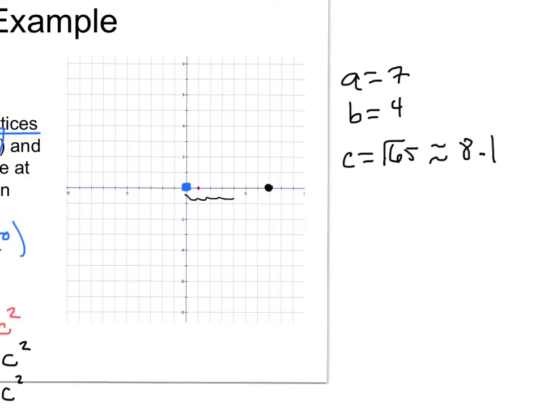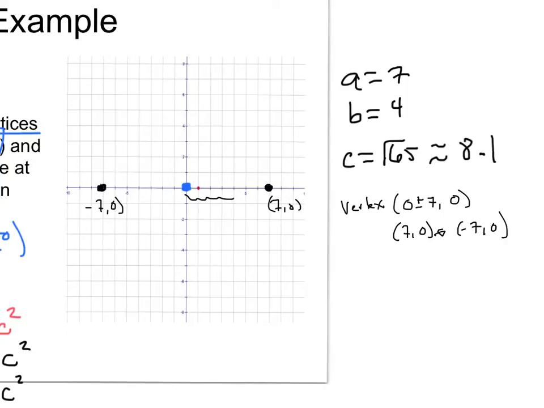So really what I'm doing to find the vertices is taking my center and adding and subtracting those 7 units. My vertices are going to be 7, 0, and negative 7, 0. So I add that to my x values. Let me plot the other one right here. So this is 7, 0, and this is negative 7, 0.